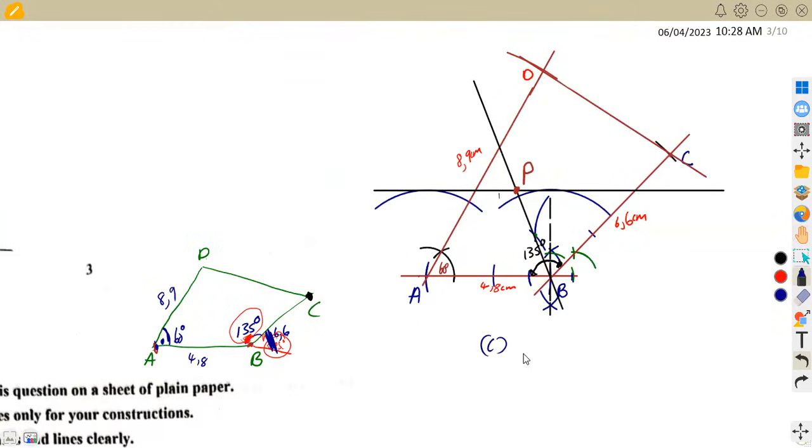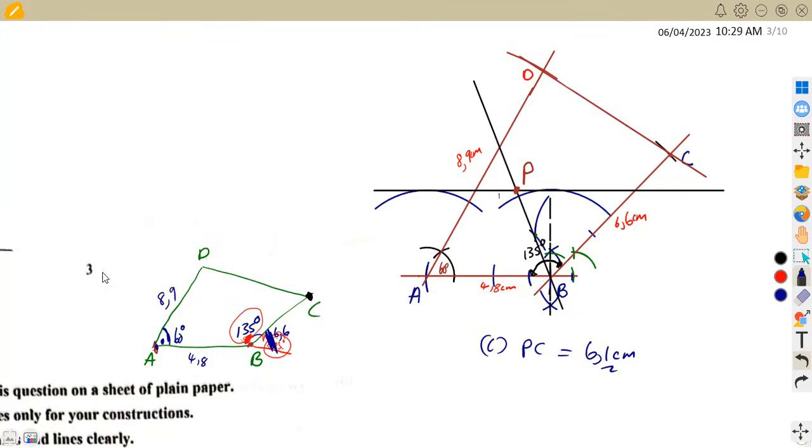If you measure properly, your PC was giving me something like 6,1 centimeters. So what I want you to do is to measure. Maybe you're going to obtain 6,1. I don't know what you're going to obtain exactly, but your answer is supposed to be within this range.